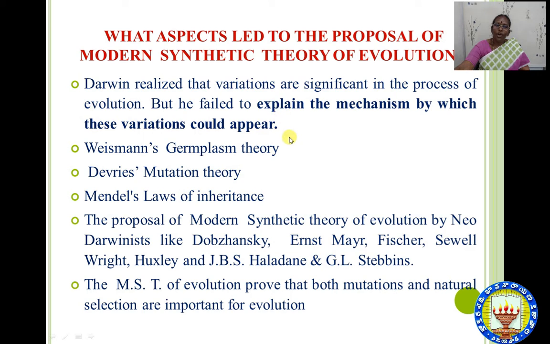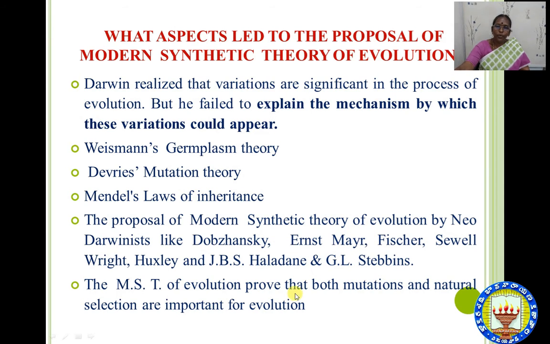Hence, neo-Darwinists like Dobzhansky, Ernest Mayr, Fisher, Sewall Wright, Huxley, J.B.S. Haldane and G.L. Stebbins proposed the modern synthetic theory of evolution. This was proposed after Weismann's germplasm theory, De Vries' mutation theory and Mendel's laws of inheritance. Basing on these three theories, the modern synthetic theory of evolution has been proposed.